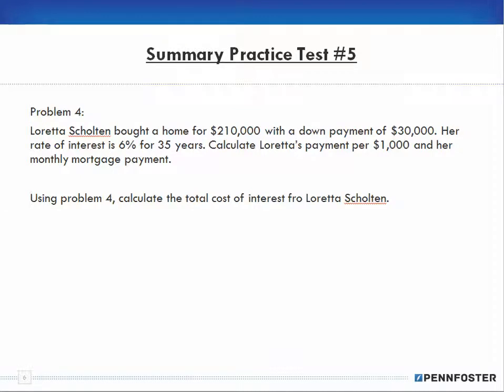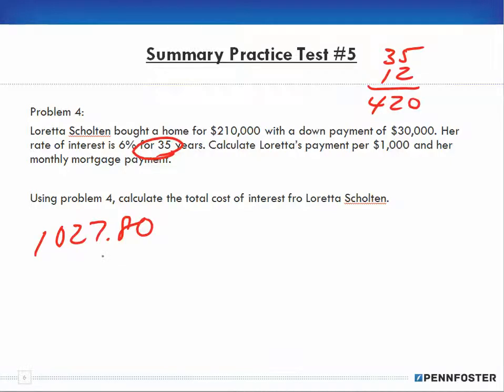Last problem here. Using problem 4, calculate the cost of interest. We had a payment of $1,027.80 from the last problem, and that's for 35 years. So 35 years for 12 monthly payments is 420 monthly payments.